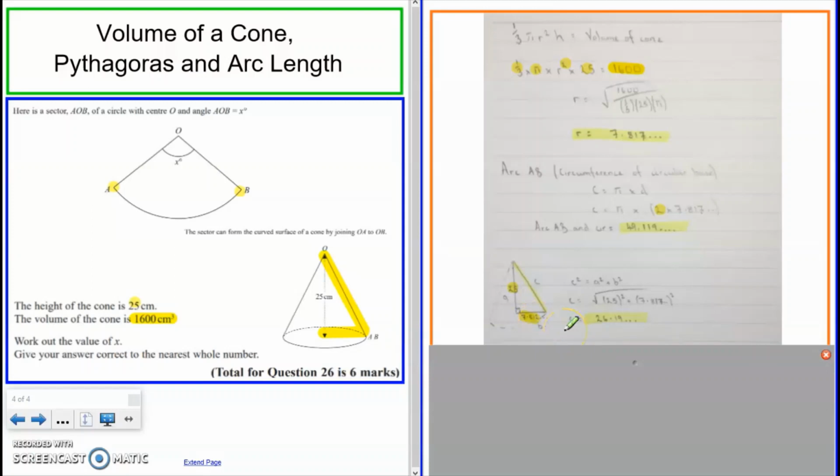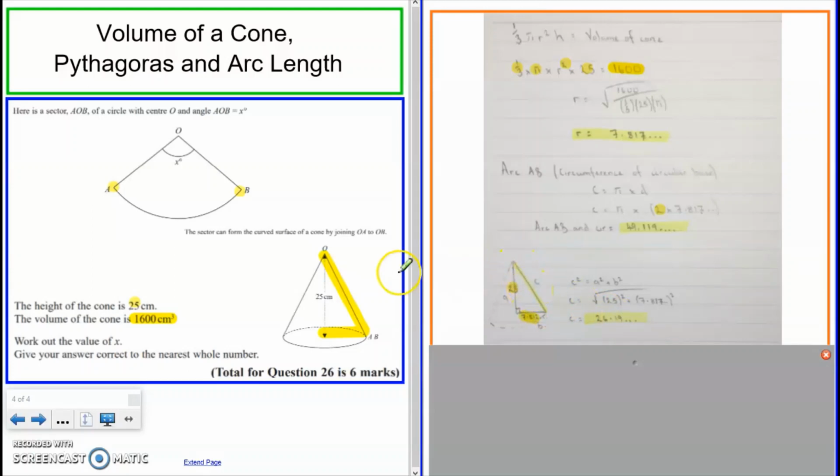From there, we are substituting in our values and using Pythagoras to find the slant length C. So I'm squaring 25, squaring 7.817, and then square rooting to find out the slant length here is 26.19.